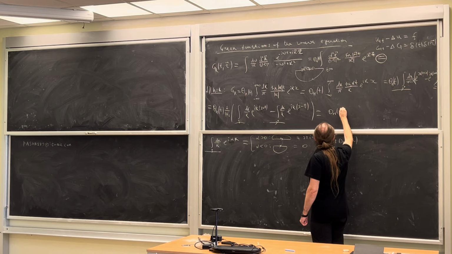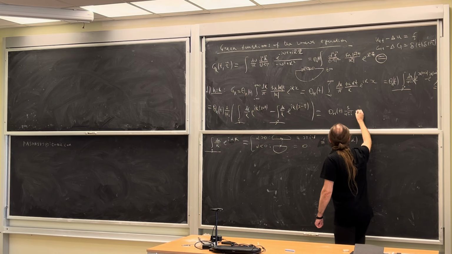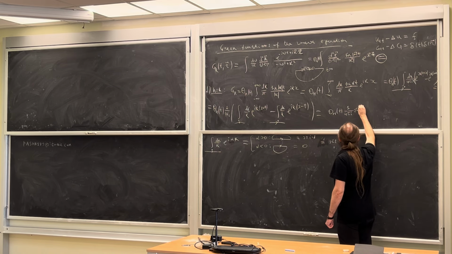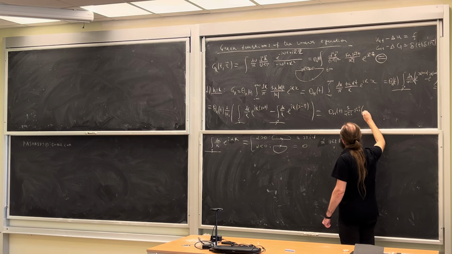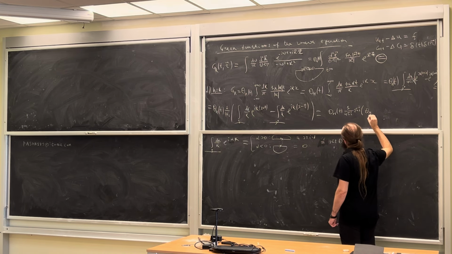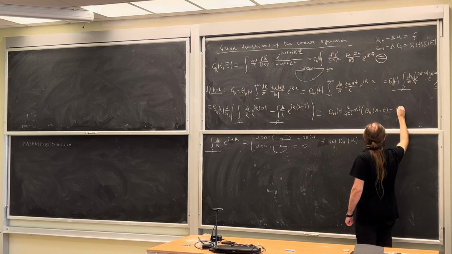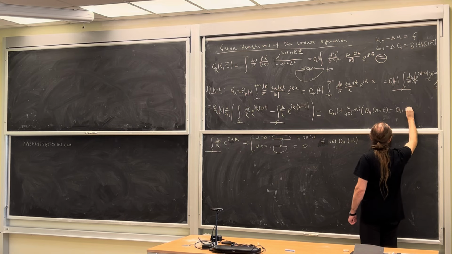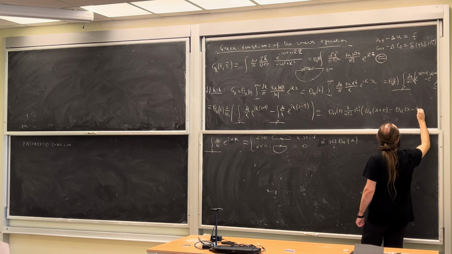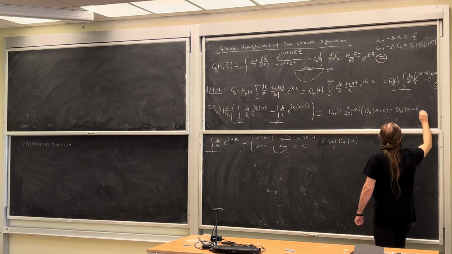heaviside theta of t, 1 over 4 pi I, times 2 pi I that comes from here, and then heaviside theta of x plus t minus heaviside theta of x minus t.